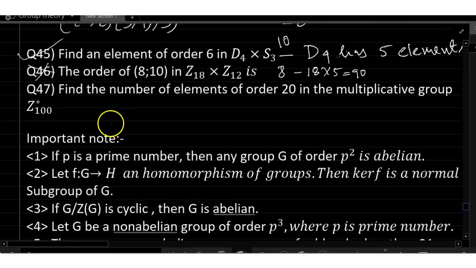Now we solve number 47. Find the number of elements of order 20 in the multiplicative group Z star 100.